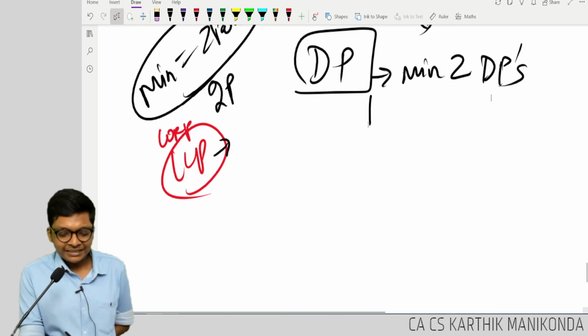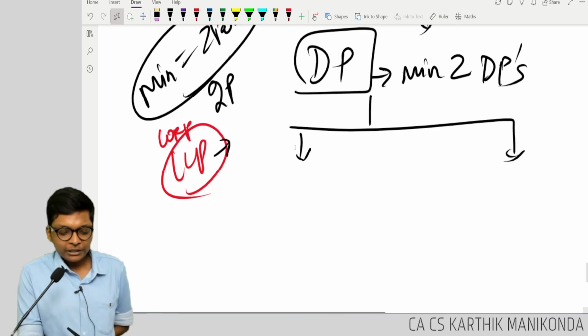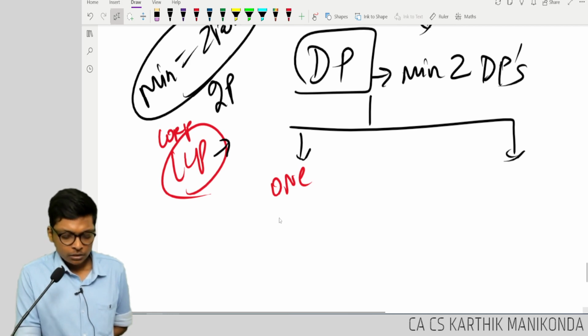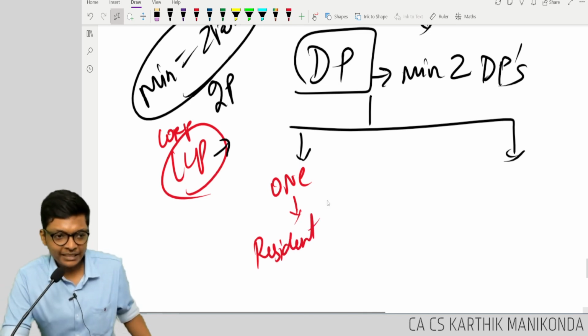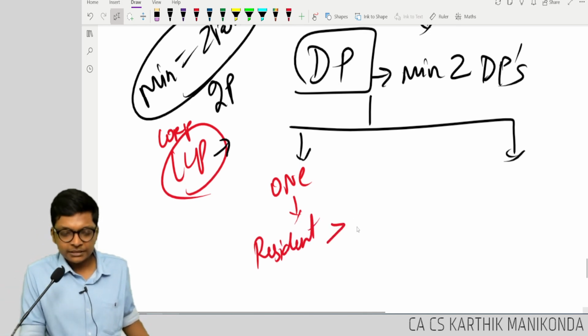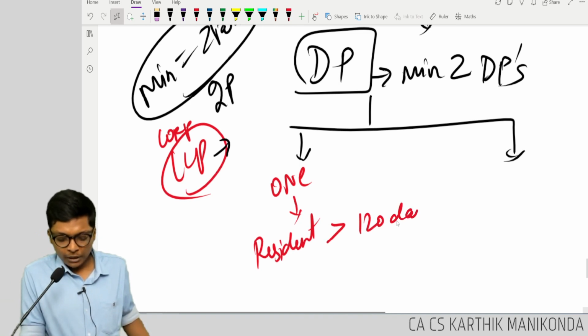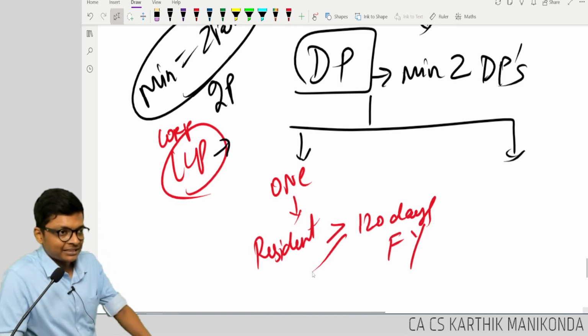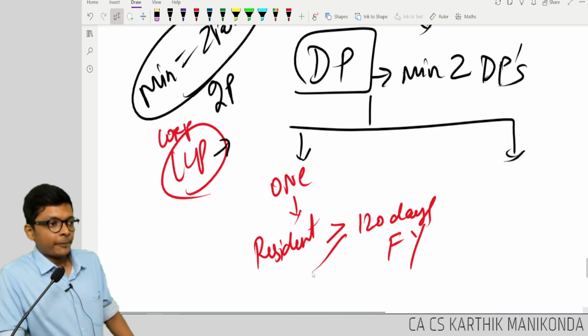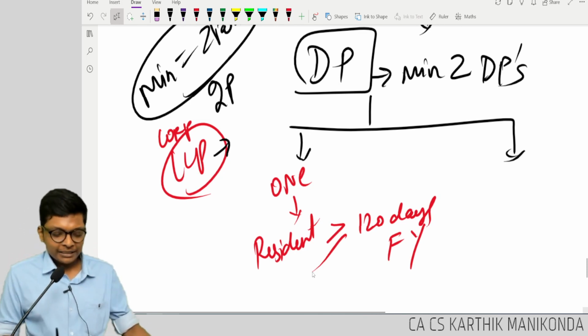Who are these designated partners? At least one of them should be a resident of India who stayed in India for at least 120 days in the previous financial year. This is an amendment. Before it was a different number, not yet tested.